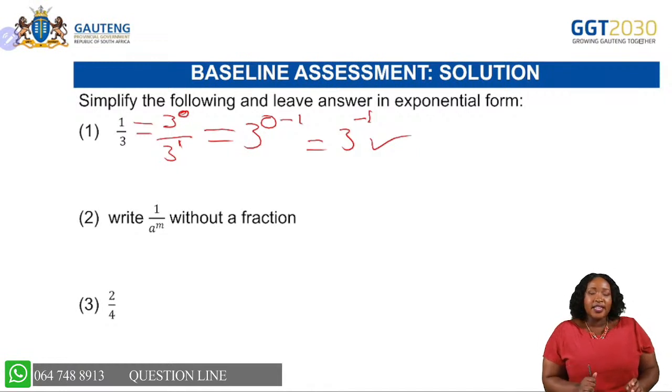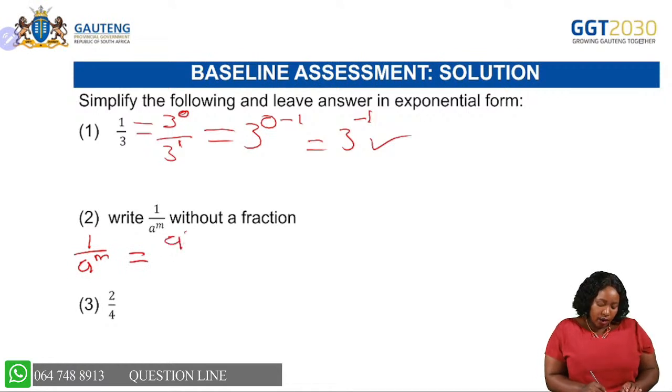Then the second one says, write 1 over a to the m without a fraction. You had to do the same thing as you would have done in number 1. I'll write it underneath. So 1 over a to the m will be equal to 1, which we can write as a to the power of 0, over a to the power of m.